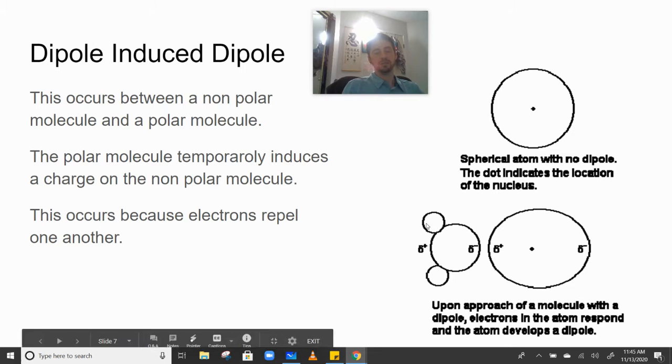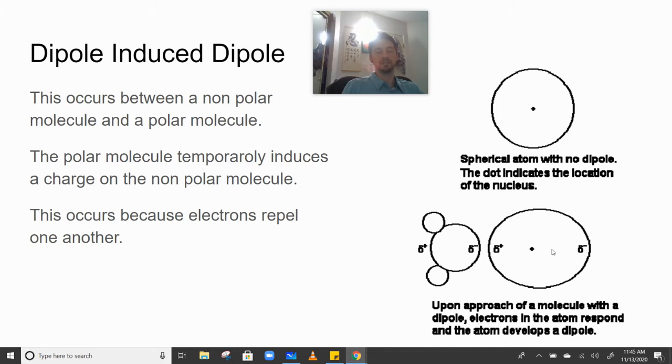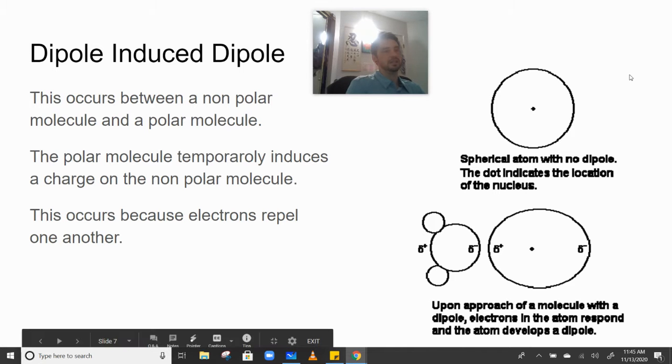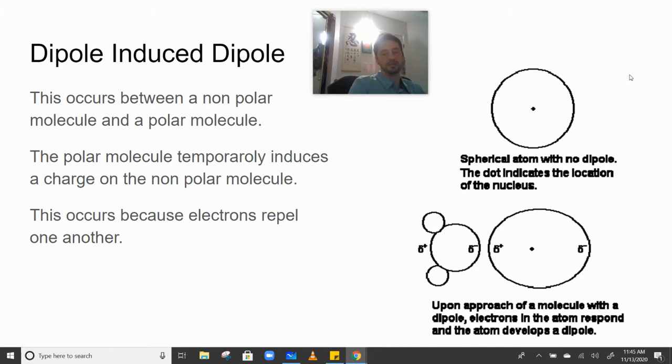You have a polar molecule, it interacts with a nonpolar molecule and makes that molecule have a temporary dipole. It's temporary because it's only going to be there as long as the two are interacting with one another. And we call that dipole-induced dipole.